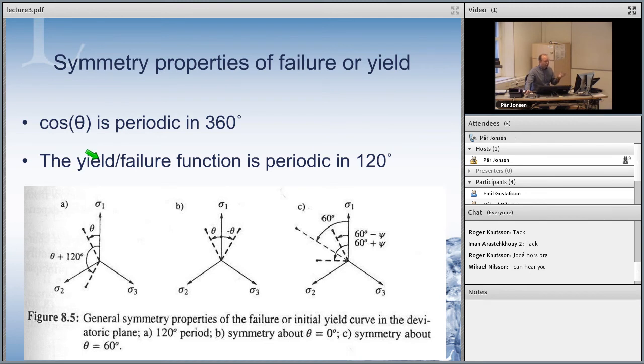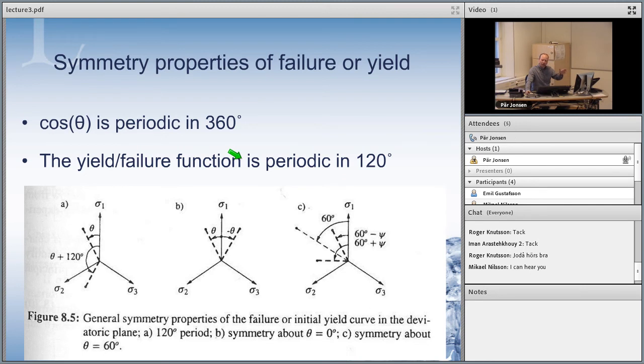And then I can say, okay, I have a periodic loading, every 120 degrees. Also, I have symmetry. If I am at this axis, exactly at this point, and then I move to this point here and compare it to this point, I just reverse the angle, minus theta, plus theta.